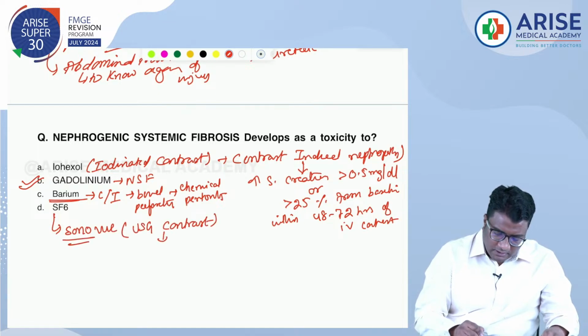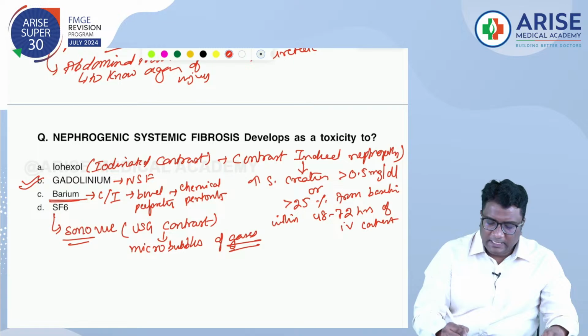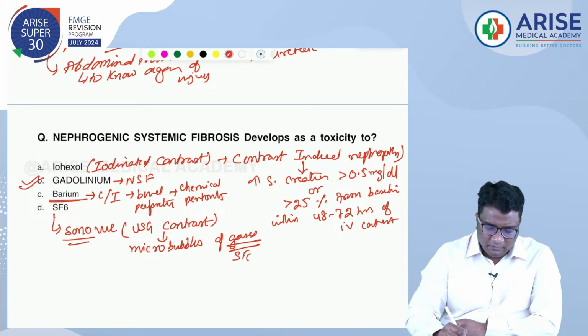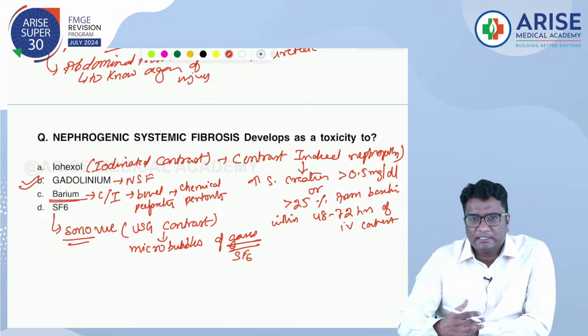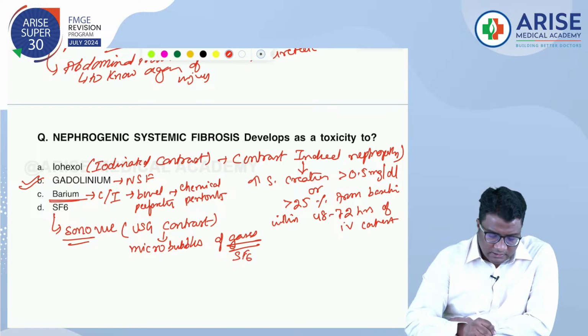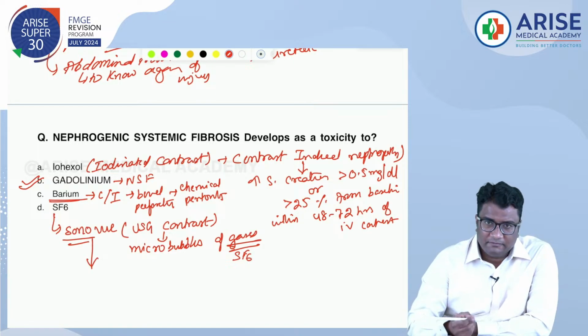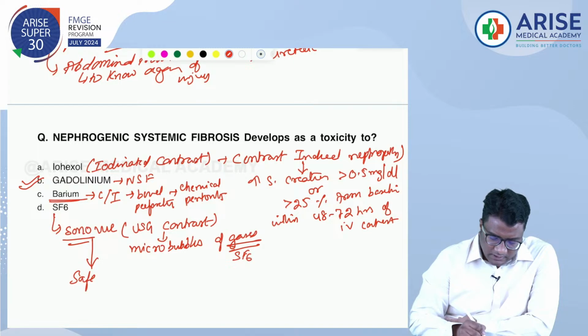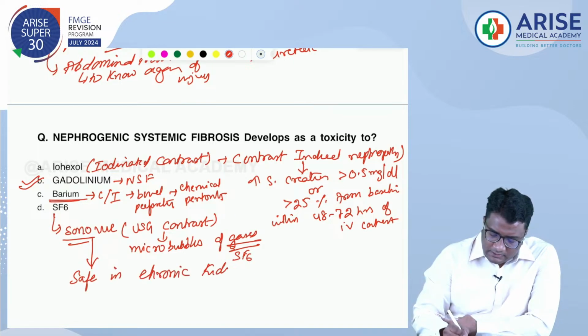These ultrasound contrasts are microbubbles of gases. And because these are microbubbles of sulfur hexafluoride, these gases are excreted by lungs, not by the kidney. So this ultrasound contrast, sulfur hexafluoride, is safe in chronic kidney disease.